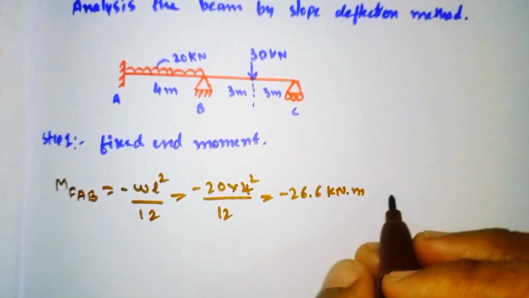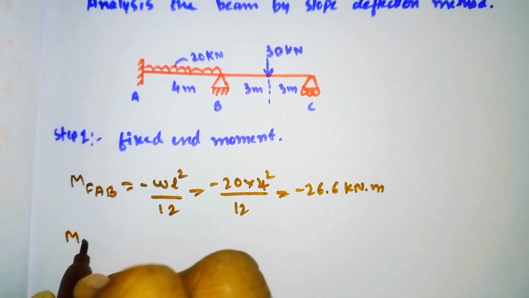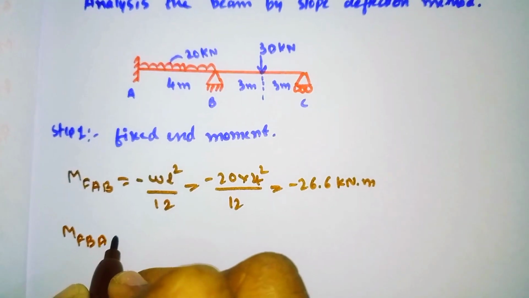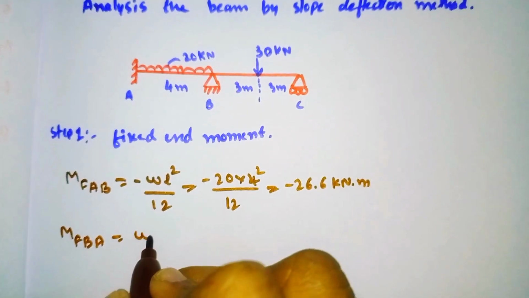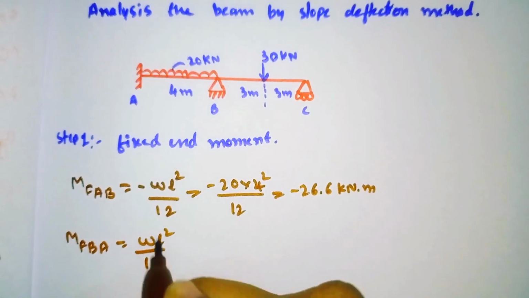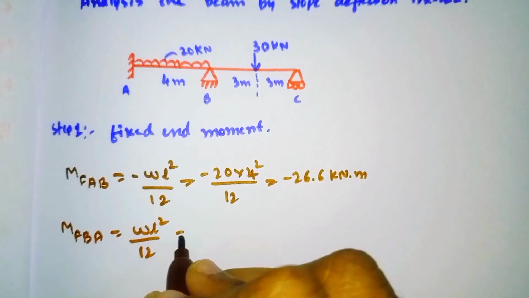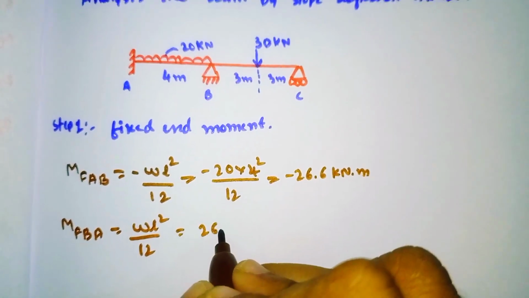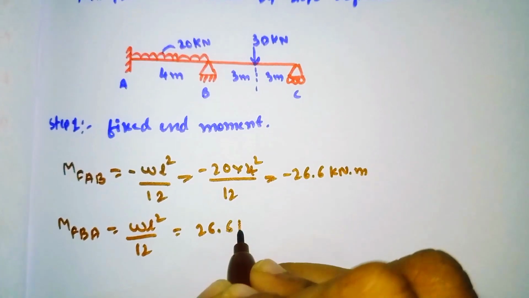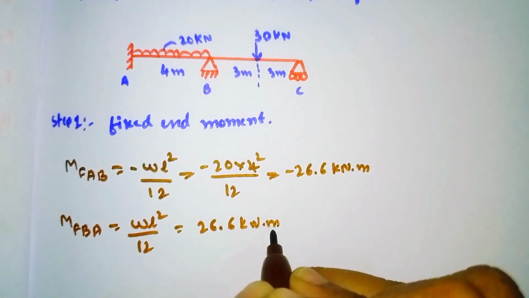Similarly, we will go for MFBA. The formula is the same, only the difference is sign. Here negative sign, here positive sign. So the answer will come out as positive 26.6 kilonewton meter.